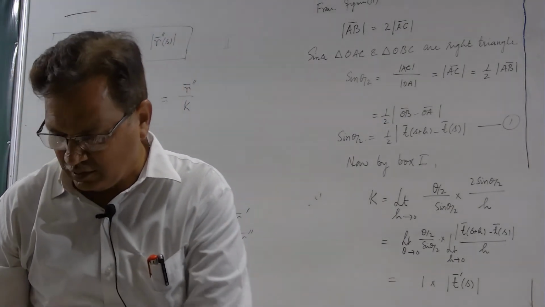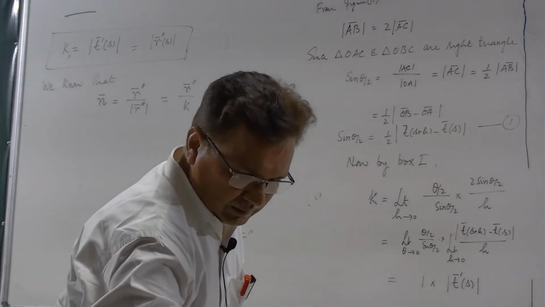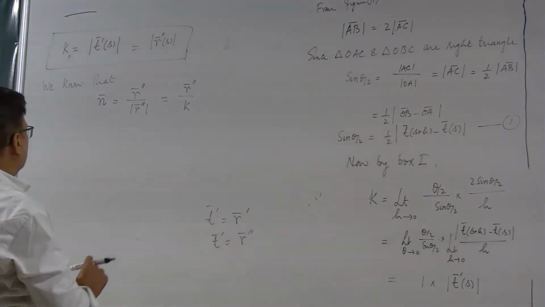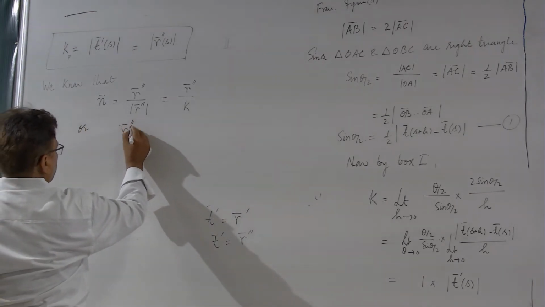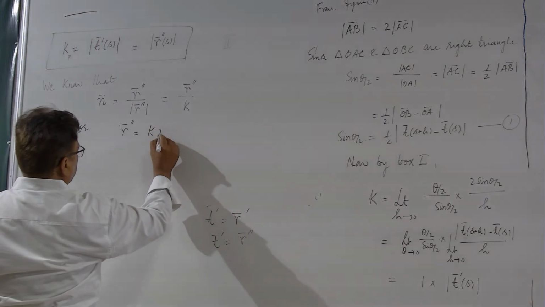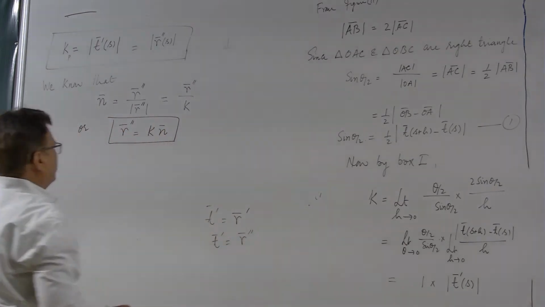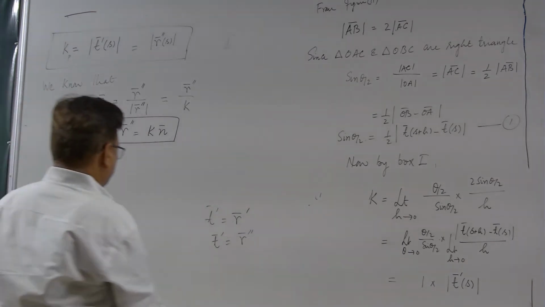So, r double dash upon k is the principal normal, or I can rewrite this as r double dash equal to k times n. This is an important relation. In fact, at some point of time you will be interested in knowing the derivatives of the vectors of the Frenet trihedron. So, this relation will be used there. Therefore, I have written it down here itself.